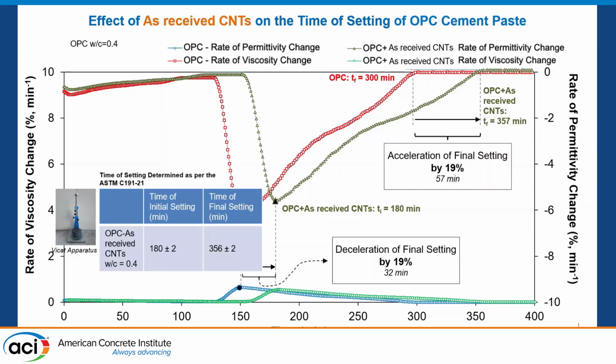That means that the rate of change of this electrical energy is much lower. The material hinders the change of the electrical energy. From these results, we see that, yes, the dielectric permittivity can be used to identify the hydration process of plain and nanomodified cementitious materials and actually cement pastes.